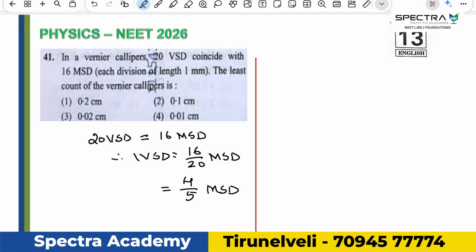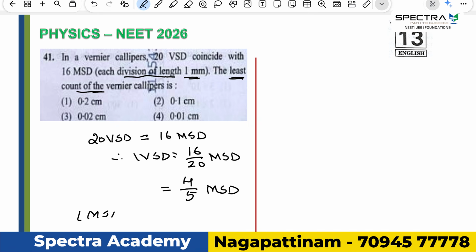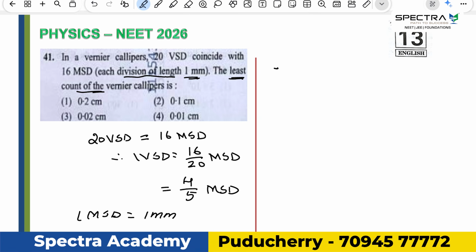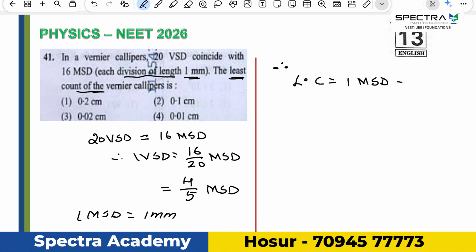And they are asking to calculate the least count of the vernier calipers. Please observe the question carefully. They have given each division of length is 1 millimeter. That is, the value of one main scale division is equal to 1 millimeter. We have studied least count is equal to 1 main scale division minus 1 vernier scale division.